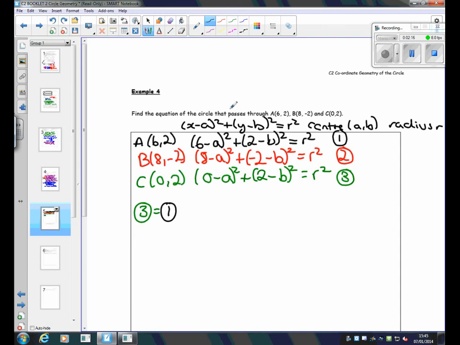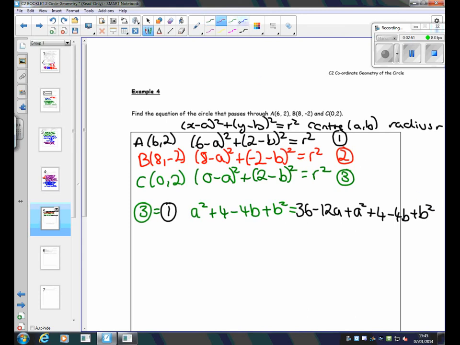So that will give us, multiplying it out, a squared plus 4 minus 4b plus b squared equals 36 minus 12a plus a squared plus 4 minus 4b plus b squared.